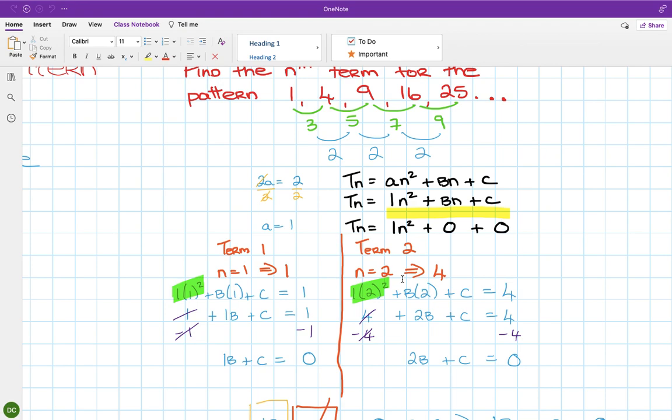So the answer is literally just 1n squared. You don't need the 2 zeros. You can, but 0 times anything is 0. Do you know what I mean? So it will go away anyway. So we've no n's and we've no last bit. It's simply just 1n squared.